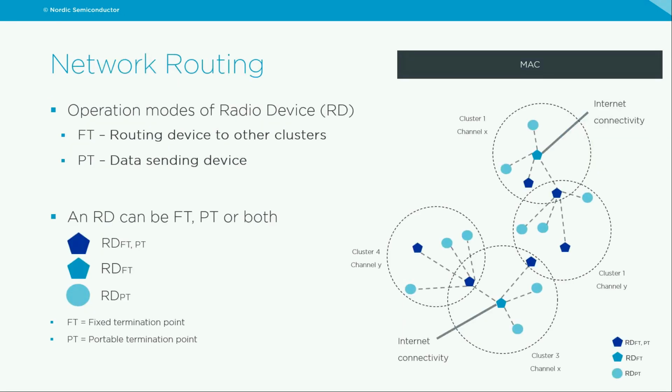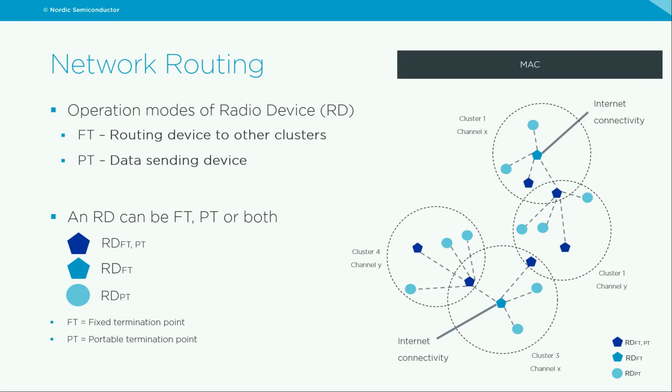So now a little bit onto the network routing, how this works in the technology. So these are namings gathered from the specifications itself. So it's not super important for you to remember that you have fixed termination point and portable termination point.